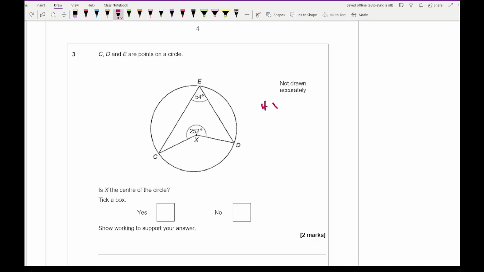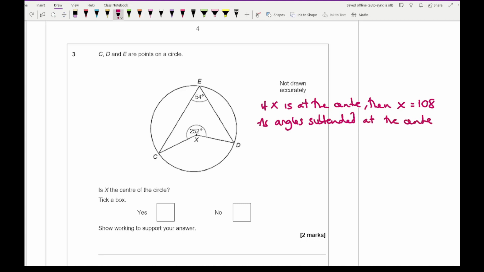So if X is at the centre, then X will equal 108 as angles subtended at the centre are twice the size of the angle subtended at the circumference.